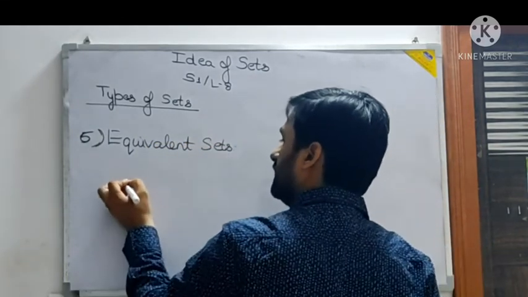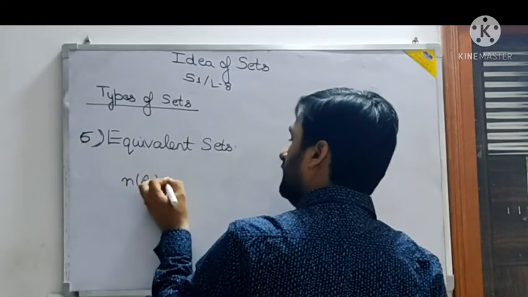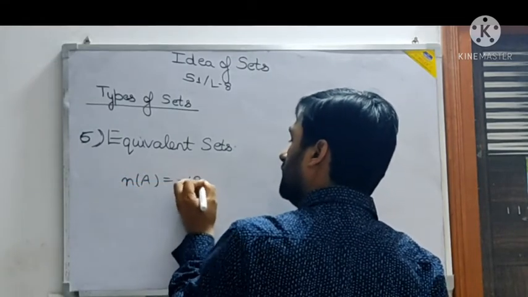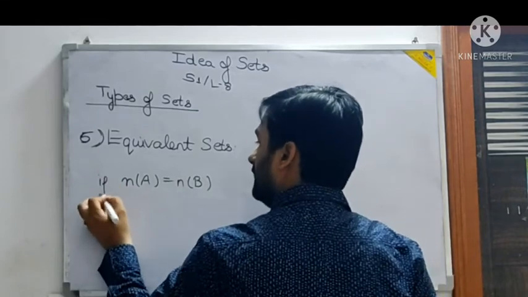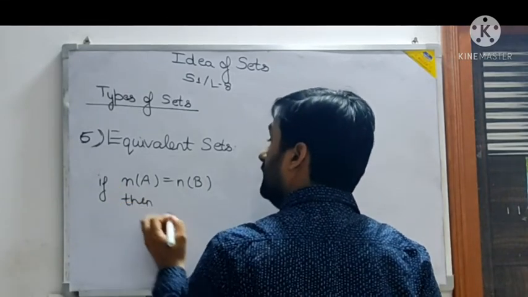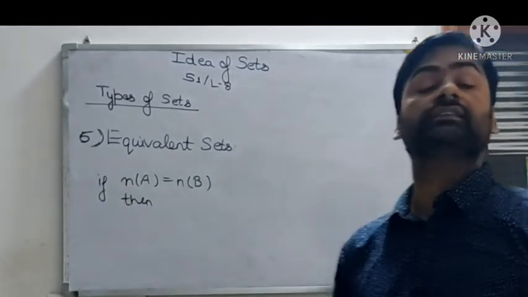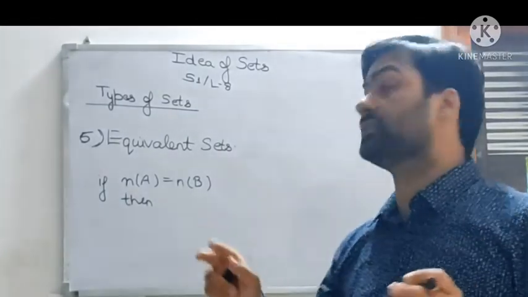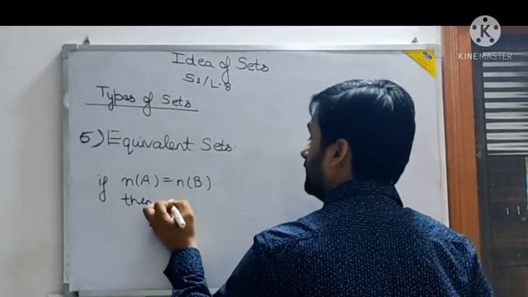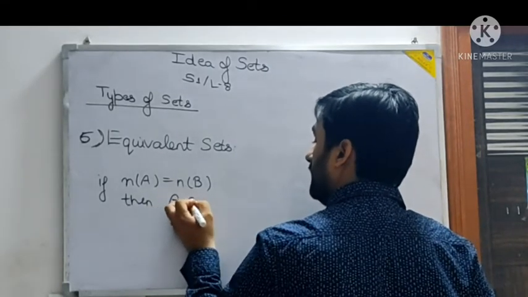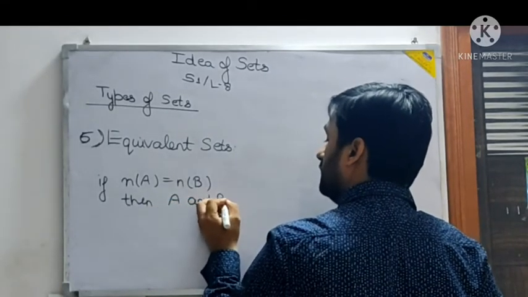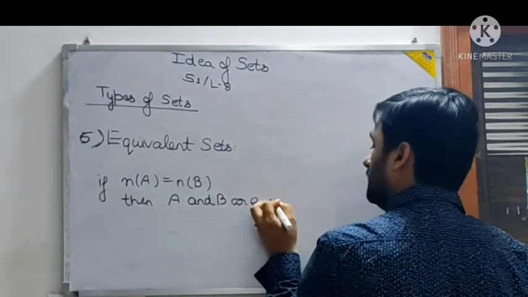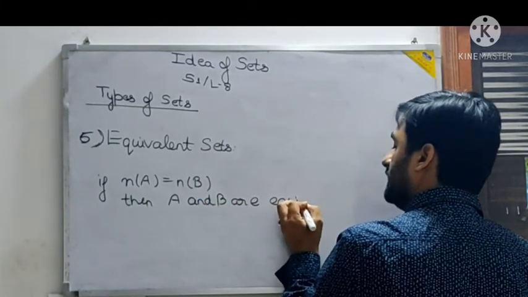So if two sets are there such that n of A is equal to n of B, that means if the number of elements are equal, then the sets are said to be equivalent. Then A and B are equivalent sets.